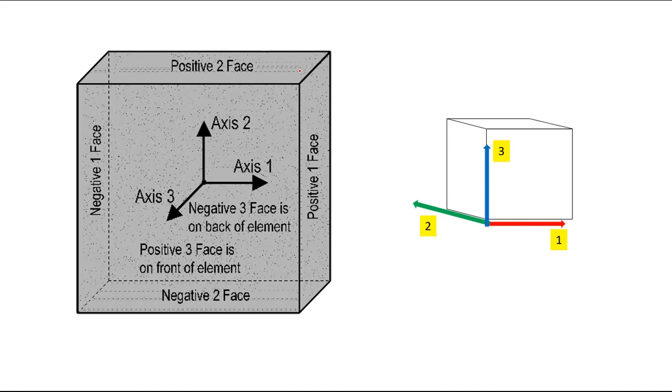A good example is something like a pile cap, which will be modeled as a thick shell. If you consider this shell element, you can see axis 1, and there will be 2 faces perpendicular to that axis, and the positive face is always where the axis is directed.